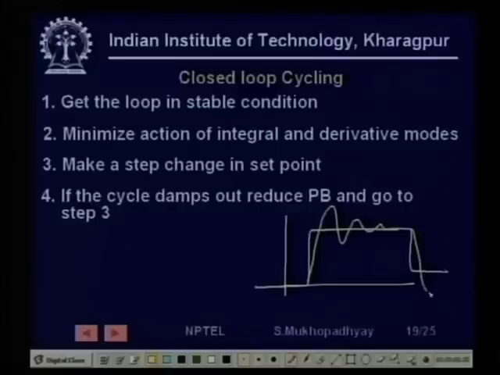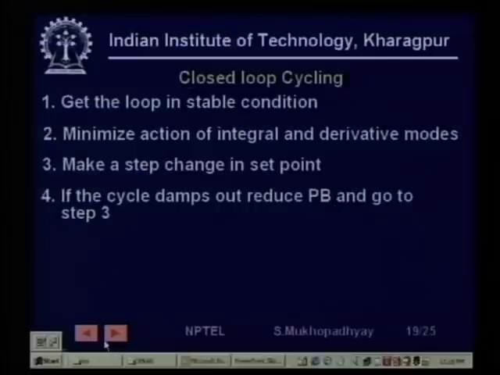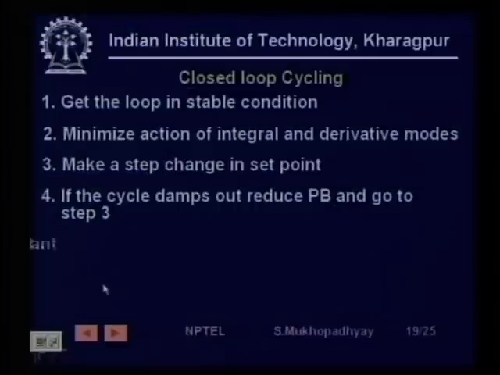Then it may happen that the oscillation will persist for a longer time. Still it damps out, so again go to step 3, reduce Pb a little bit and make a step change in the set point. Go on doing this till the loop oscillates.